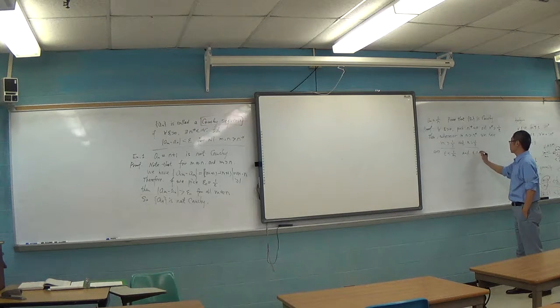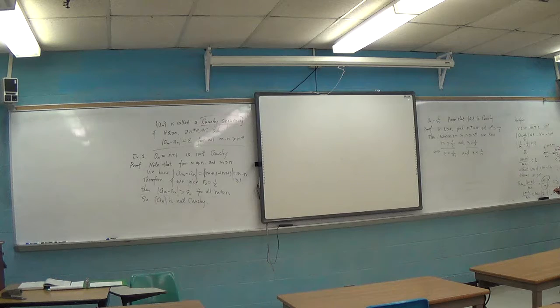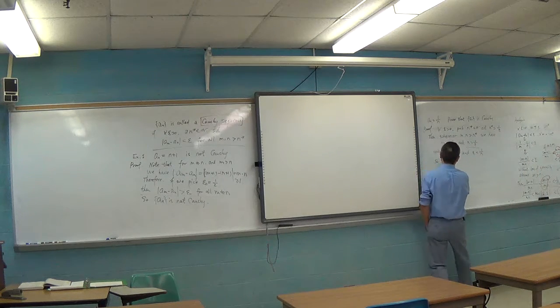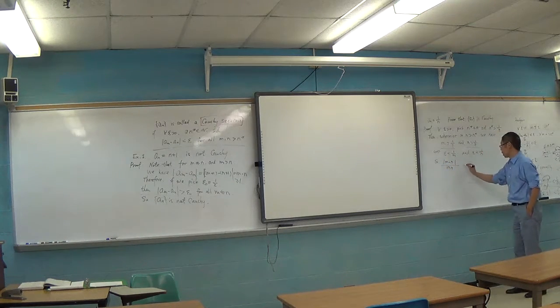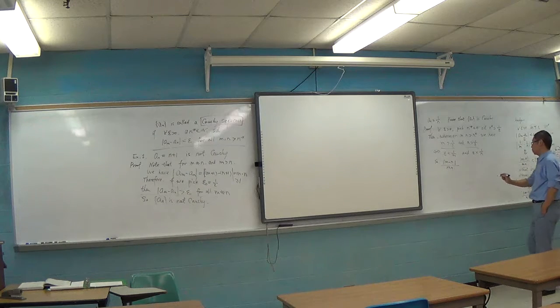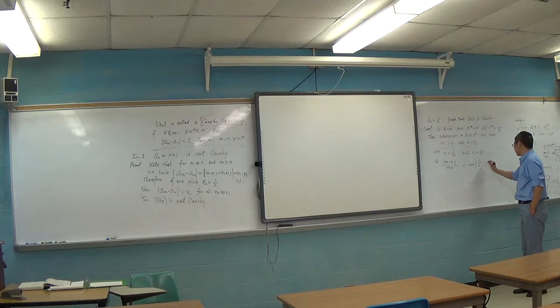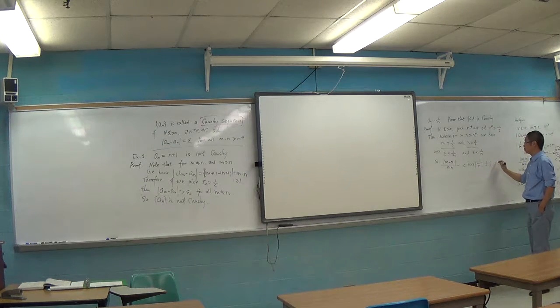So m minus n over mn, this one is always less than the maximum of 1 over m and 1 over n, which is then less than or equal to epsilon.